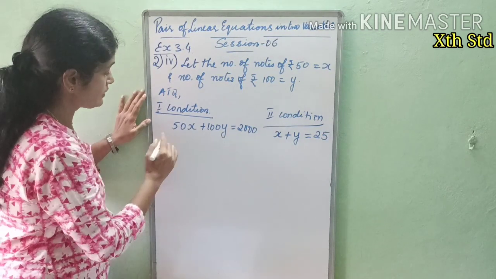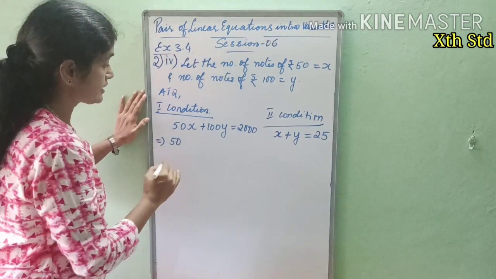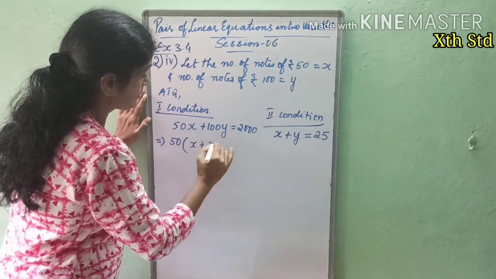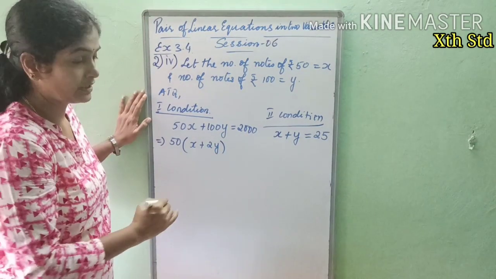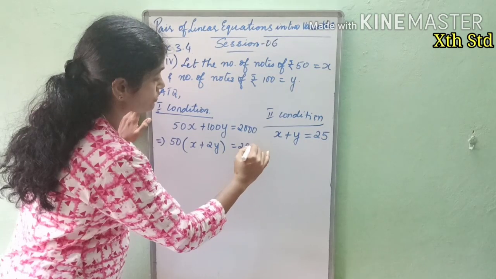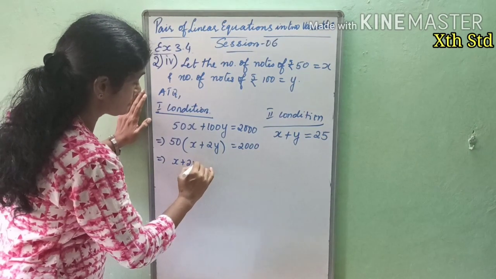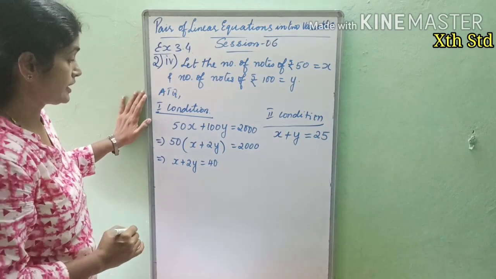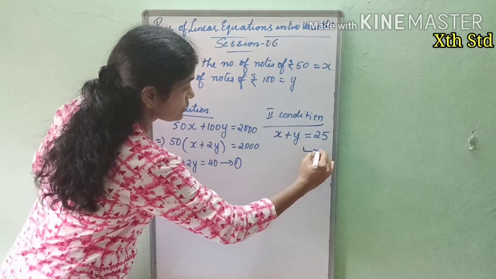If you look at the first one, we can simplify it by taking out the common factor 50. So this will be x plus 2y equal to 2000 over 50, so x plus 2y is equal to 40. Then we take this as equation 1 and this is your equation 2.